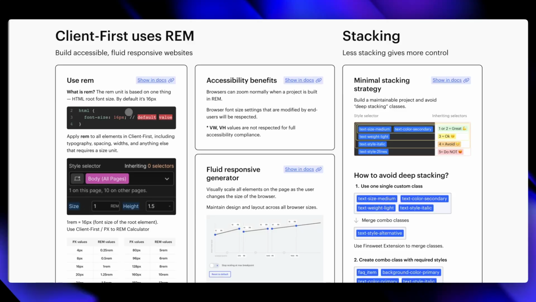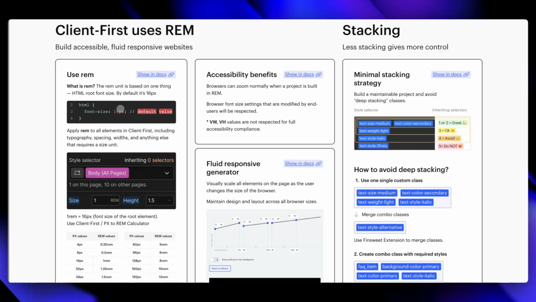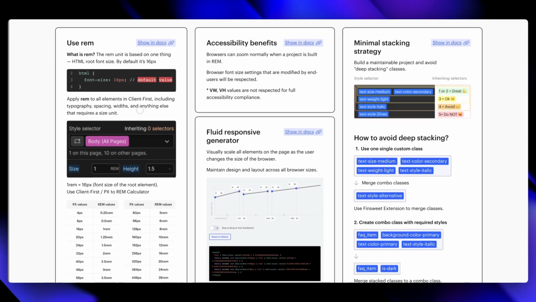So you see the gist of it. So the moment that you start working with multipliers, such as 2 rems, that's going to be 16 by 2, so 32 pixels. And this is essentially the gist of it. So it's going to help you basically scale up and scale down elements and utilize this root element font size.